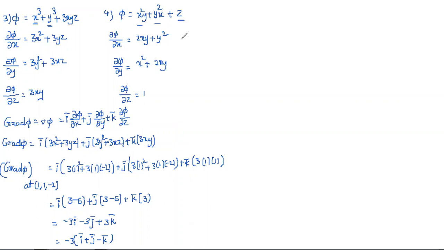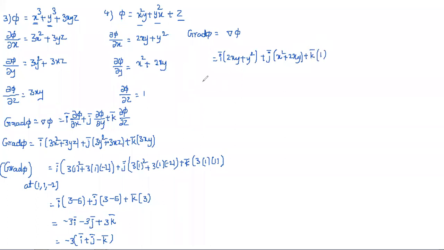So grad phi is nothing but del phi. So what will we get? i into dou by dou x of phi, that is what we got, 2xy plus y square, plus j into dou phi by dou y, x square plus 2xy, plus k into 1 we got.